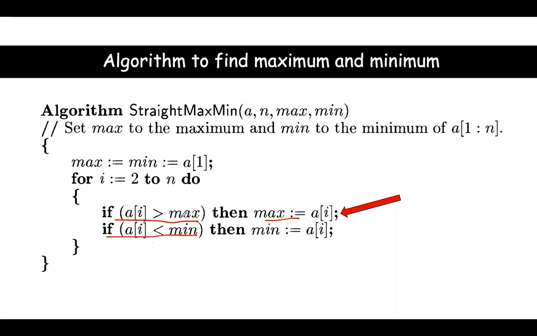How many times this first basic operation is executed? See, these two comparisons are the two basic comparison. How many times will it execute? Will it execute n times or n minus 1 times?